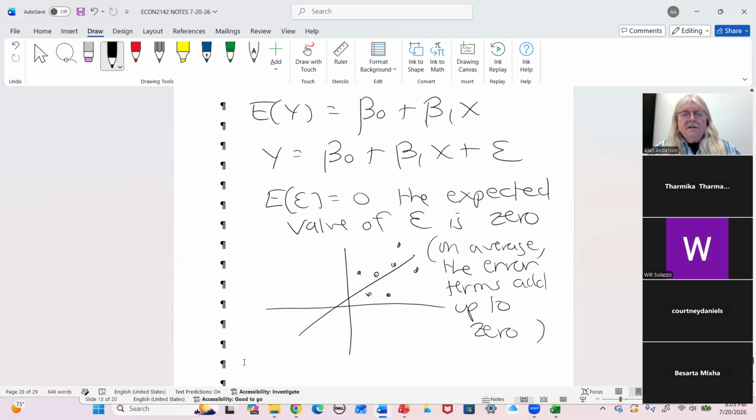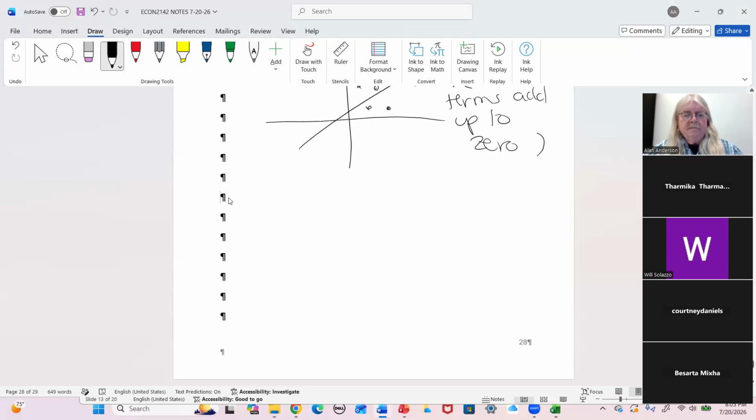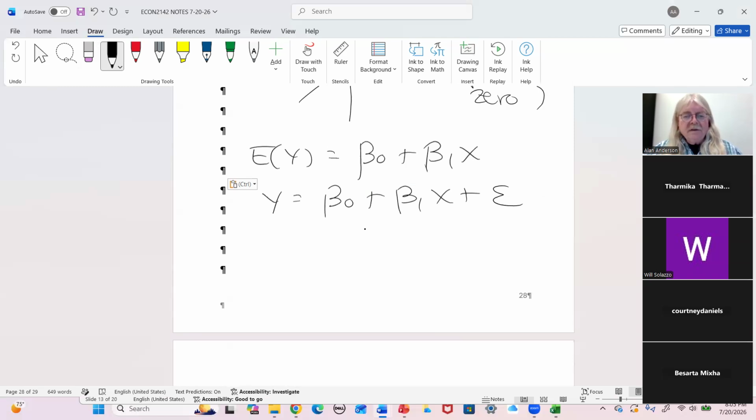Okay. So how does that explain what this notation means? Well, if you look at the error terms, on average, they'll be 0.